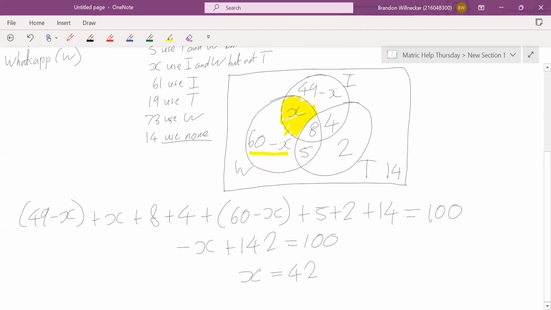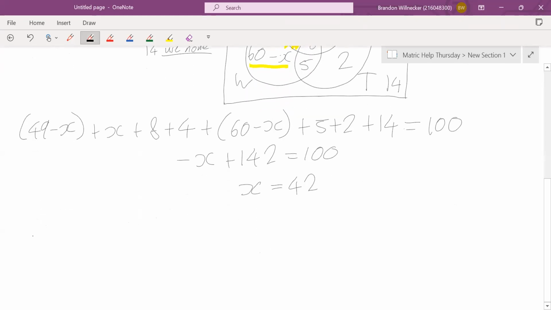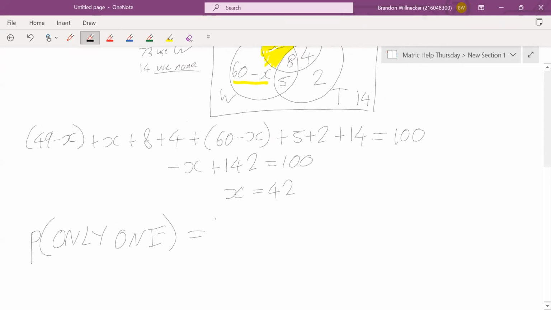Okay, and then 10.3, last one here. Calculate the probability that a learner chosen randomly, so we pick one of the learners out, uses only one of these. Okay, so let's take a look at that one. So we want to know the probability of only one. Remember that formula that I said before.